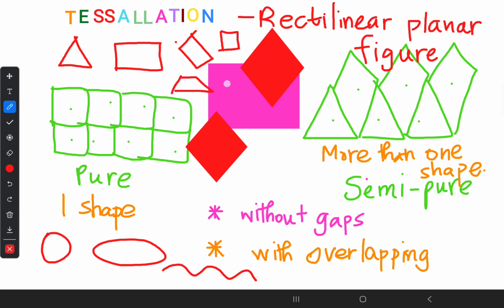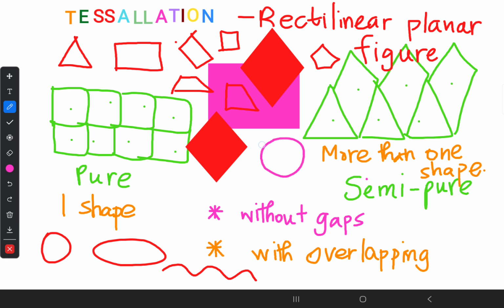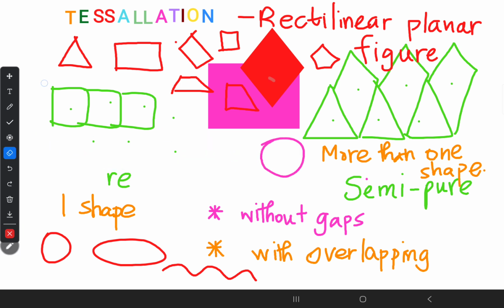A quadrilateral or else a trapezium, pentagon, these are the shapes called rectilinear planar figures. In tessellation, we are using these rectilinear planar figures. Why are we not using circles? Because when you draw a circle here, I'll explain.